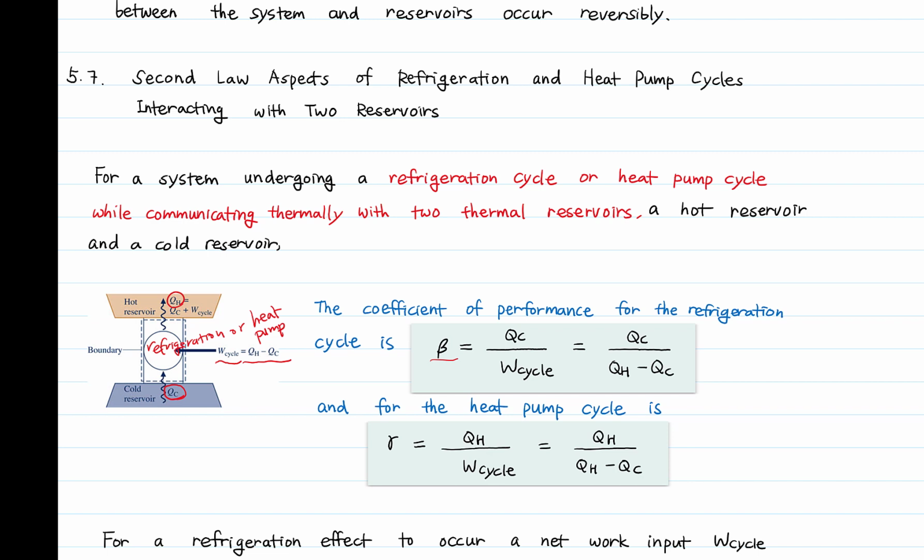So we use QH for the desired output for the heat pump, and we use QC, the desired output, for the refrigeration system. So they are different in terms of the purpose of use.